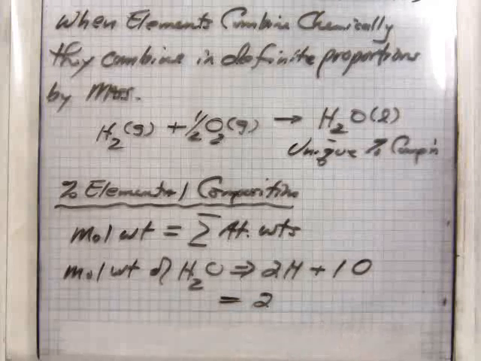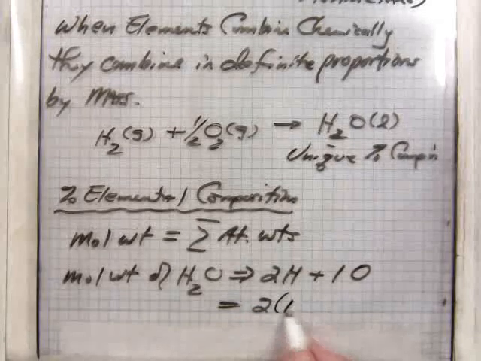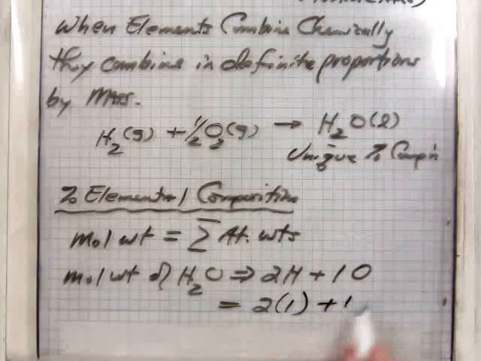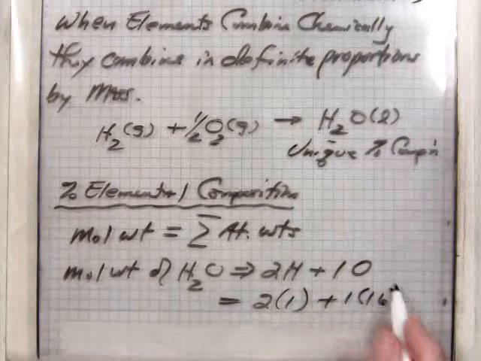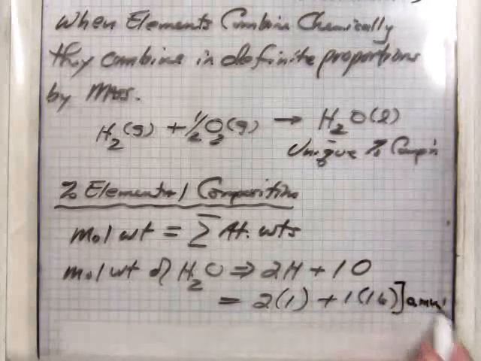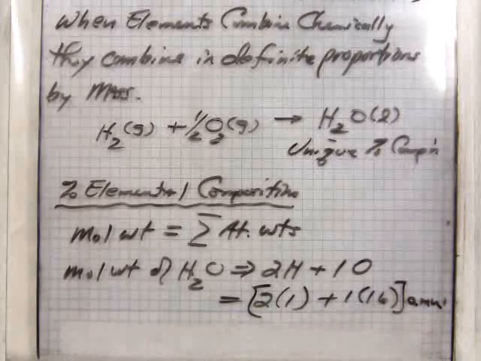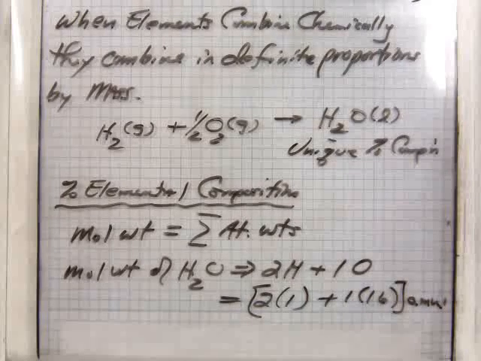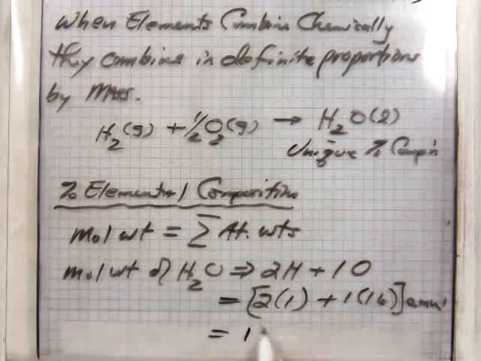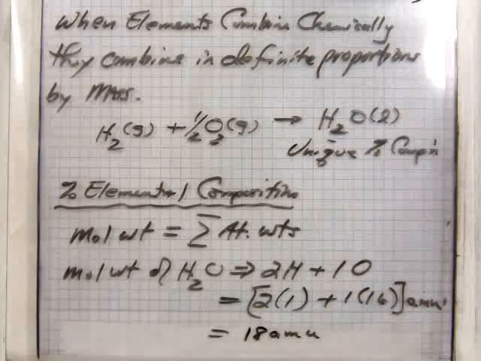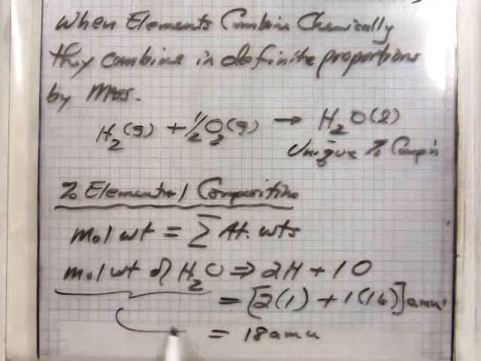It's just simple. You can add decimals into the atomic numbers if you want, but it just moves faster. So 2 times 1 plus 1 times 16, and it is in AMUs at this point. Atomic mass units, we mentioned that when we talked about isotopes in the last lecture. Anyway, this gives you 16, 17, 18 atomic mass units for the formula weight of H2O.